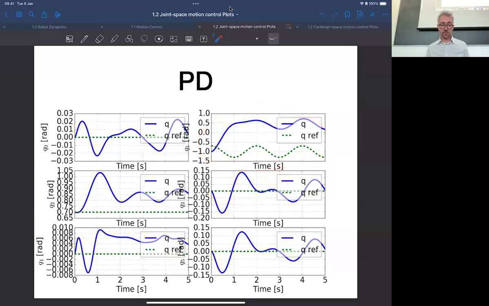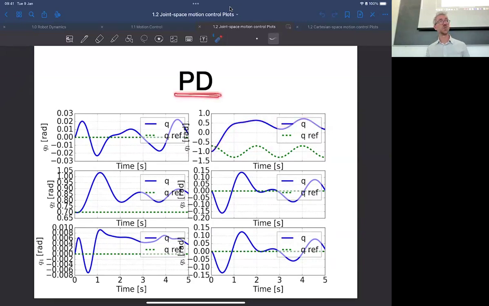So ideally, we would like to see the blue lines on top of the green lines if the controller was working well. In this case, it's working very badly, and not only for the fixed joints, but also for this one that's supposed to track this trajectory. You can see that it actually moves in a completely different way.